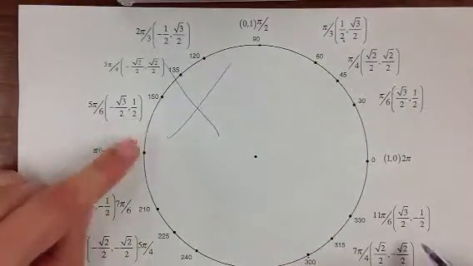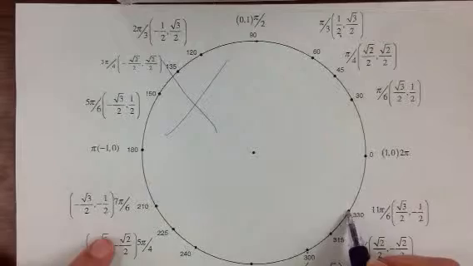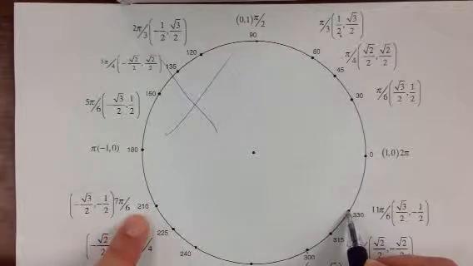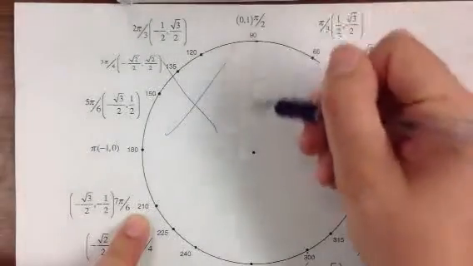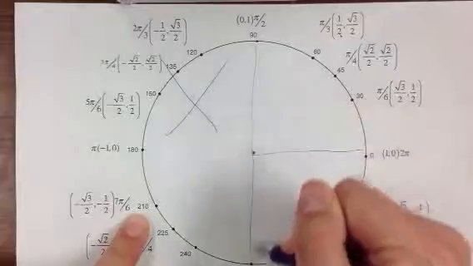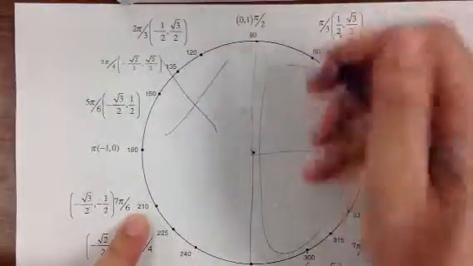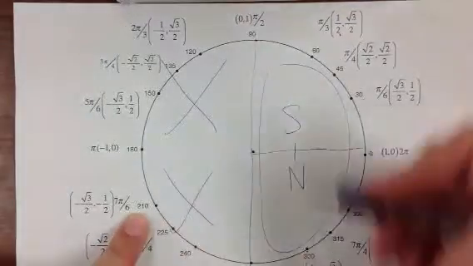Okay, we also need to look down here. Where is sine negative 1/2? Well, again, it's at either 330 or 210. So because I'm already using the first quadrant, which is a good zone, I'm just going to come down here and use it. We're going to restrict sine to these two quadrants.